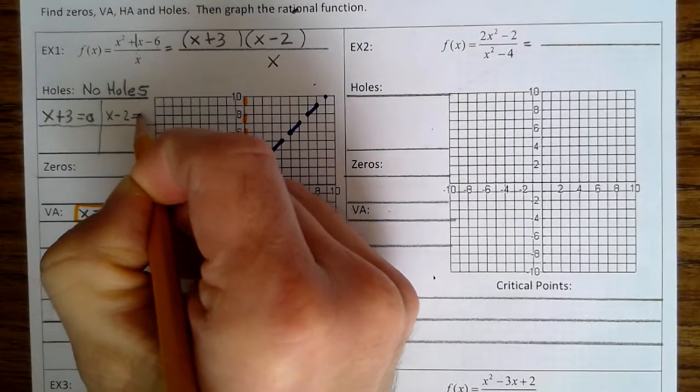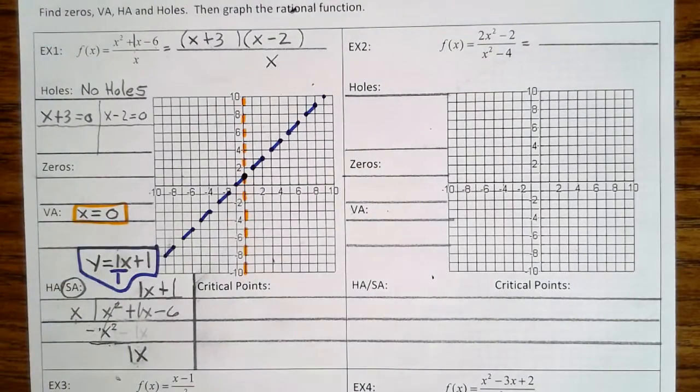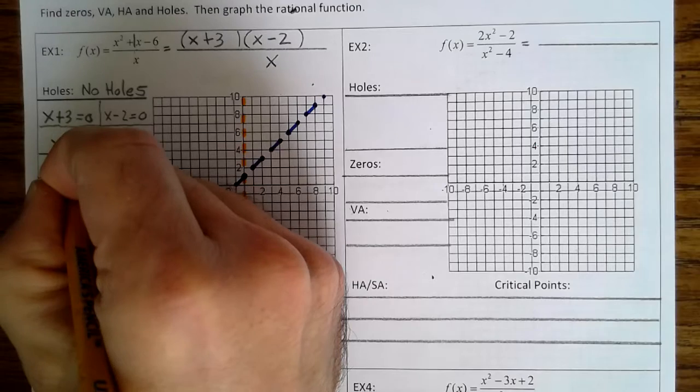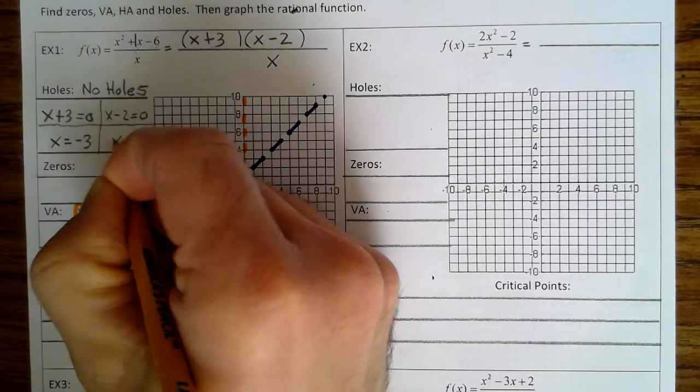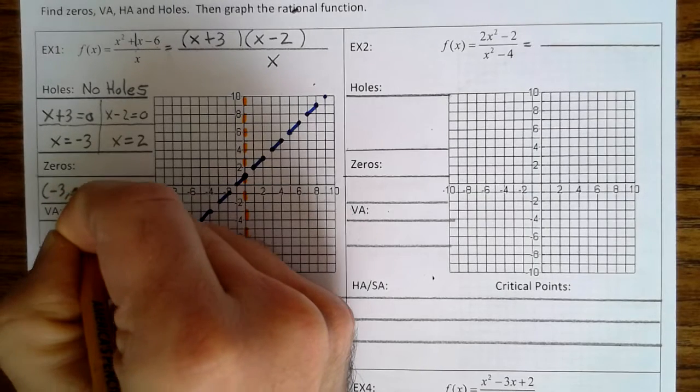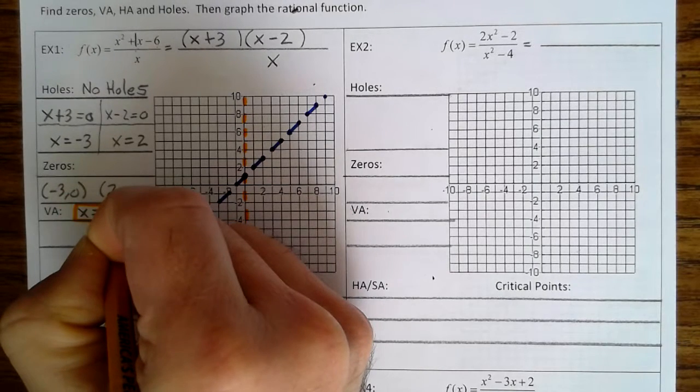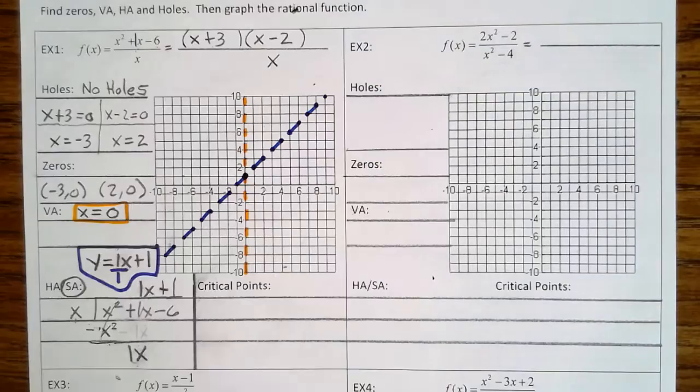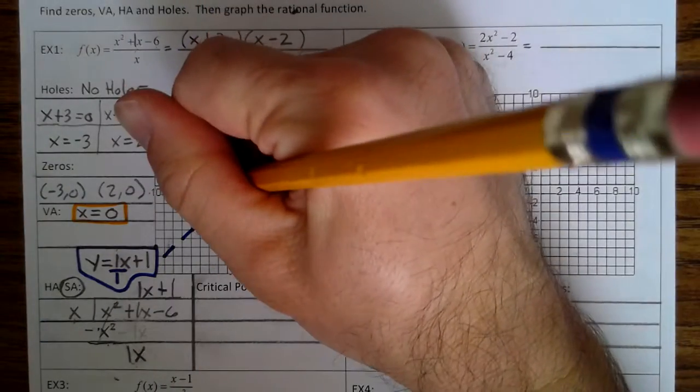So x equals -3 and x equals 2. So our zeros are (-3, 0) and (2, 0). And I'm just going to write those in pencil. So (-3, 0) and (2, 0).